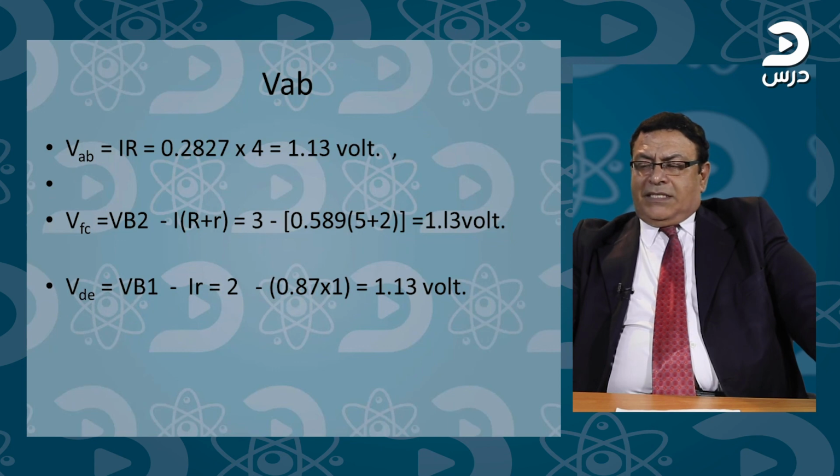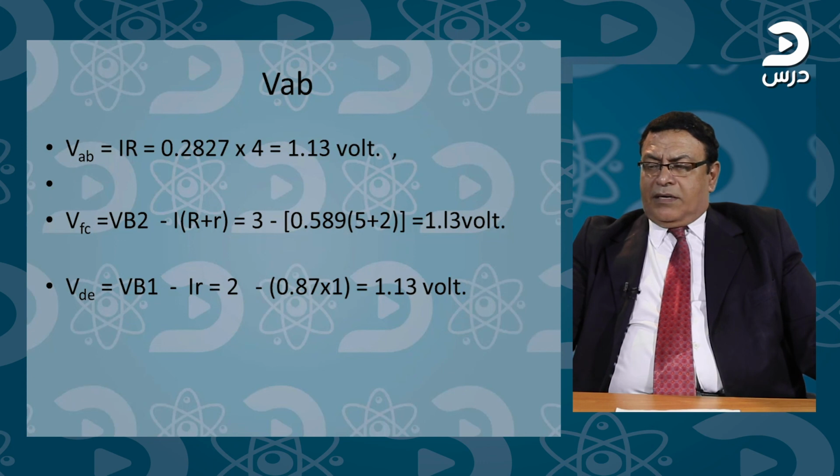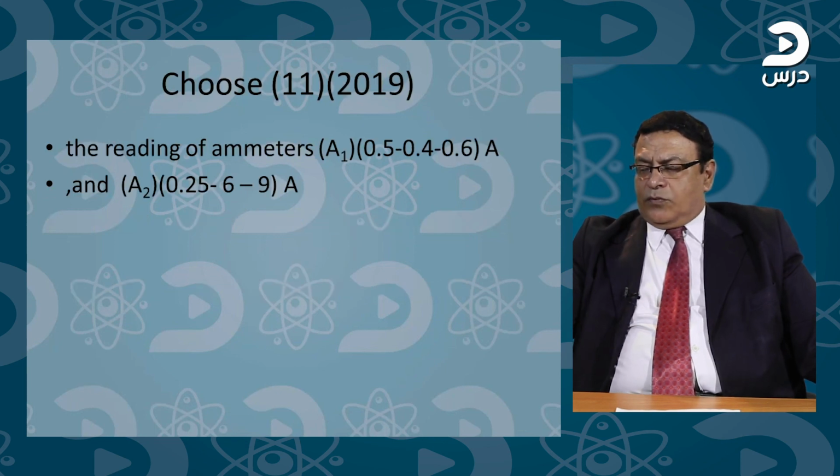The VDC or DE equal VB minus IR, so 2 minus 0.87 multiply 1, so the final result is 1.13 volt.